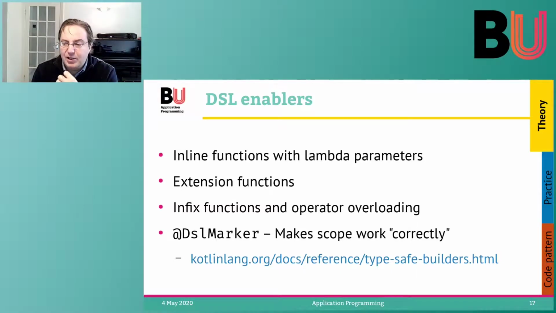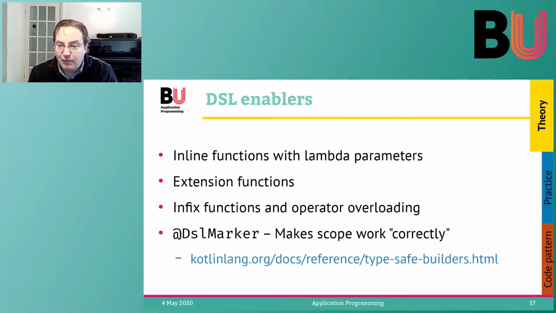Another one that makes it work quite well is the ability to have property delegates, and in particular the overloaded functions to create property delegates make things a lot tidier.